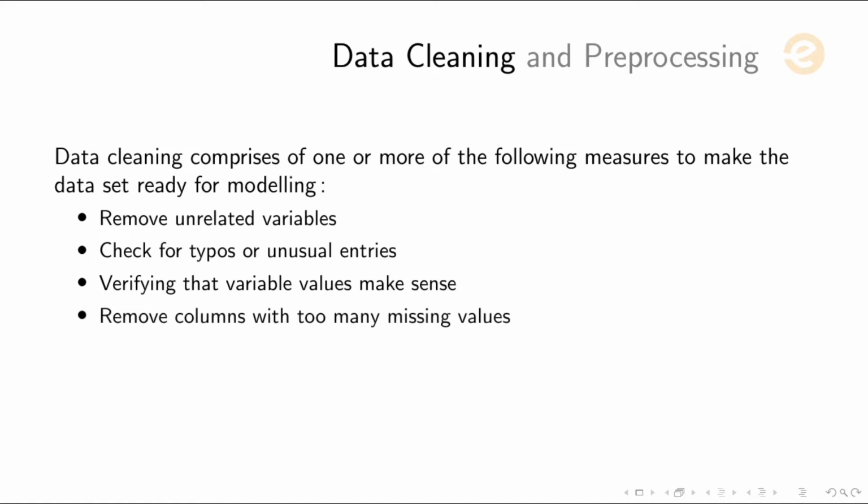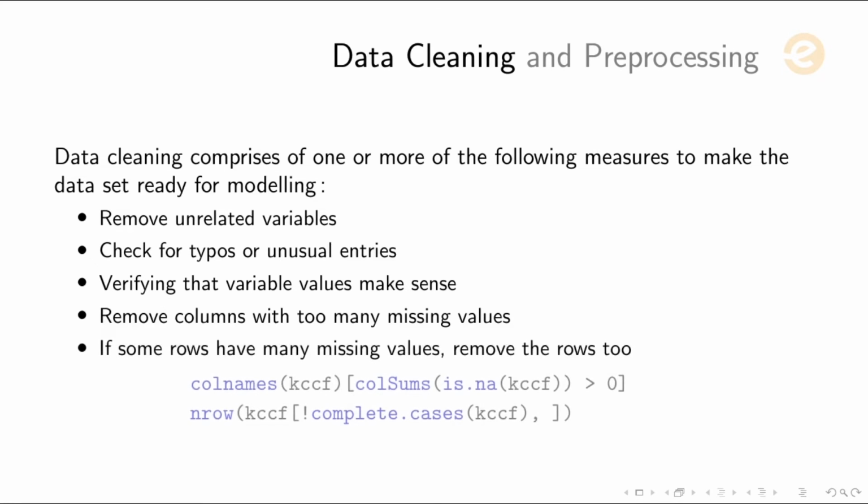Missing values are sometimes very annoying, and we need to check how many columns or rows have missing values. If a particular column has too many missing values, say more than 50%, then we need to remove those columns. Same for rows: if there are rows with many missing values, we need to remove the rows too.